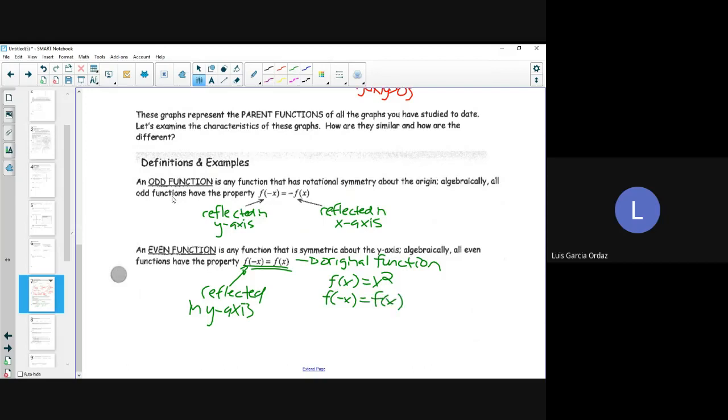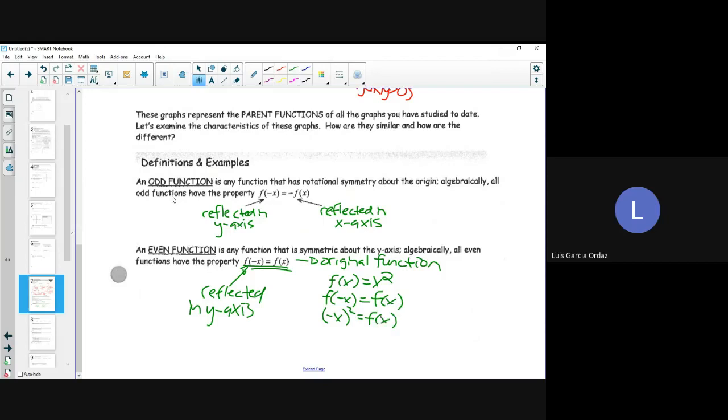We know f of x is just x squared, so what we're going to do is put a negative in the bracket where x squared is. So we'll have negative x squared is equal to f of x.